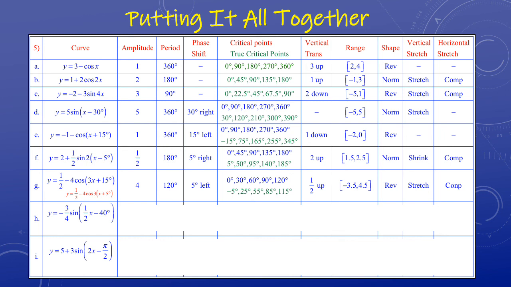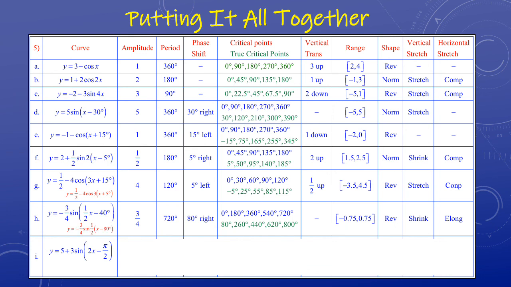The curve has been shifted 1/2 unit up, making the range -3.5 to 4.5. The curve is reversed. Since the amplitude is 4, it is vertically stretched, and since the period is less than 360 degrees, it is compressed.